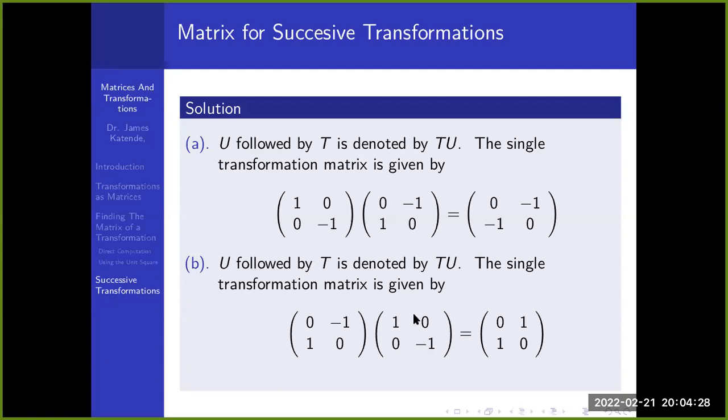So that T acts first, followed by U. So when you multiply these two matrices in that order, you get one matrix that represents the successive transformation, T followed by U. So this one should be UT. Maybe I can correct that.